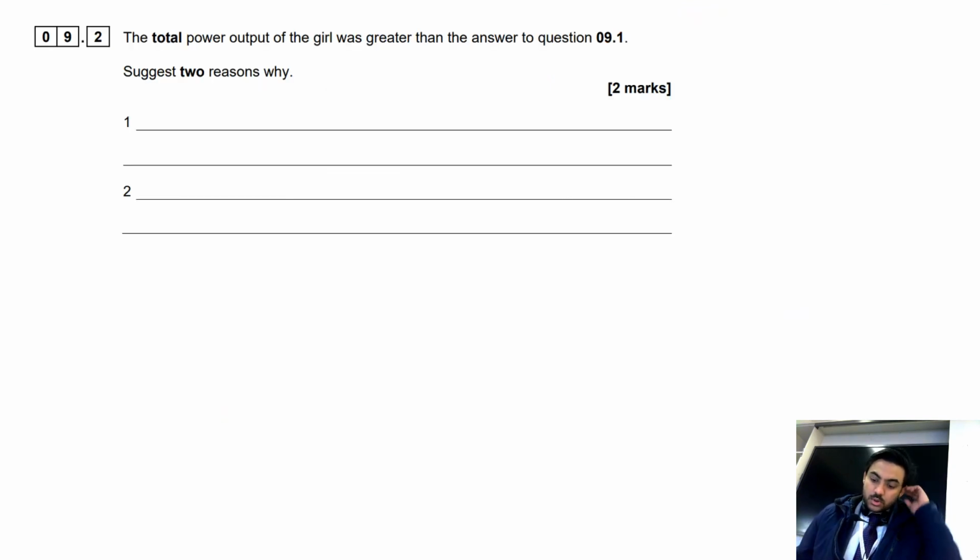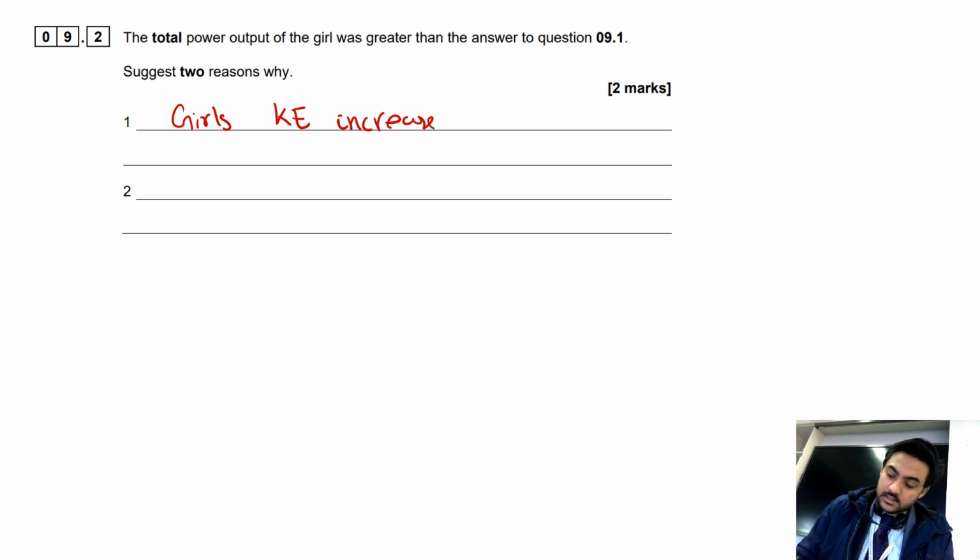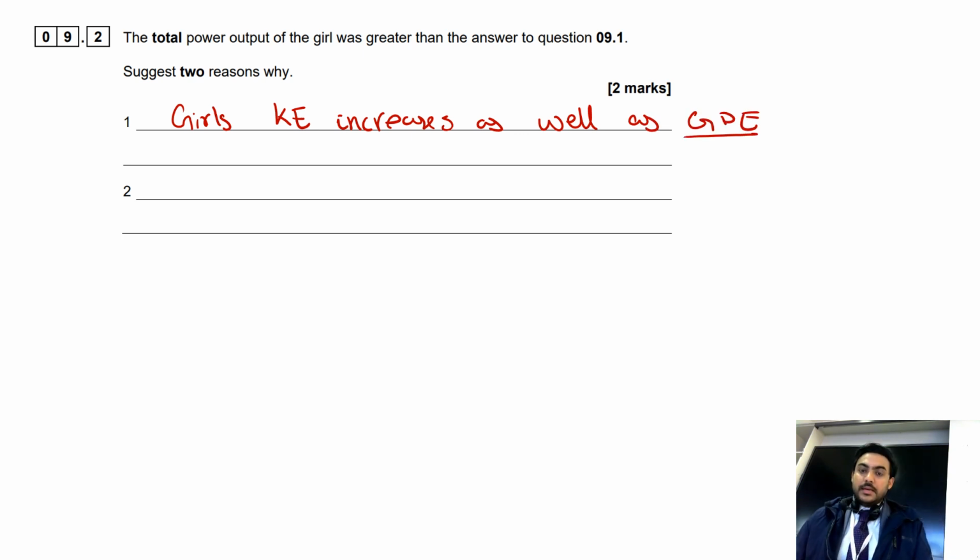Now, 9.2: the total power output of the girl was greater than the answer to question 9.1. Why? Well, not only does the girl's gravitational potential energy increase, but because she's moving, her kinetic energy increases as well. So we only calculated the power output for GPE, but actually her kinetic energy increases as well, and we could calculate that with a little bit more information.